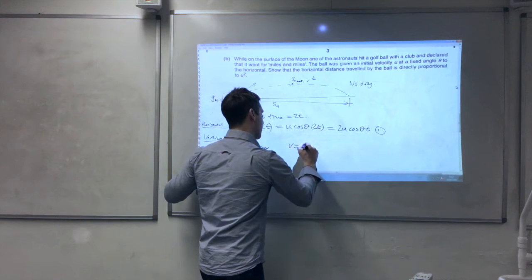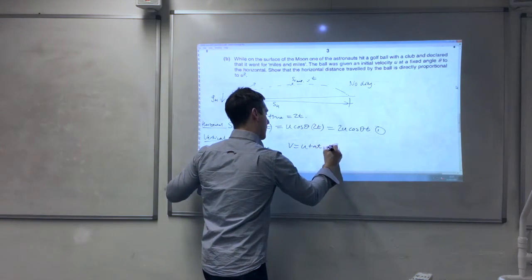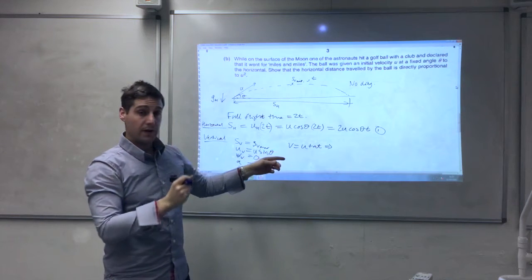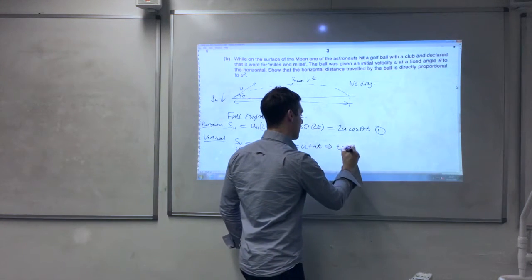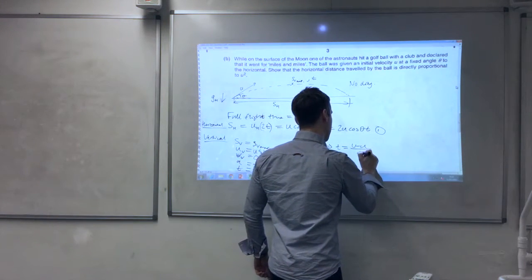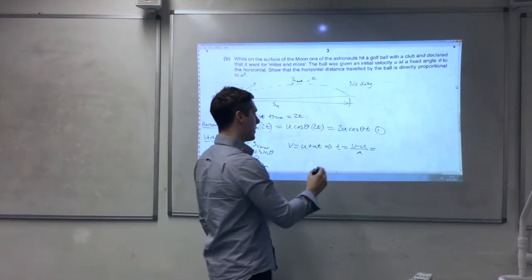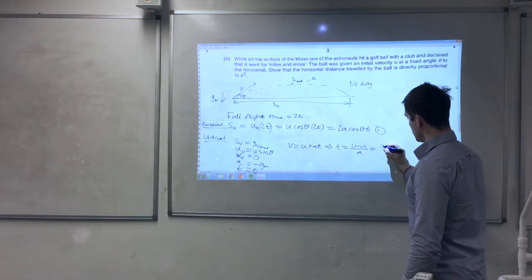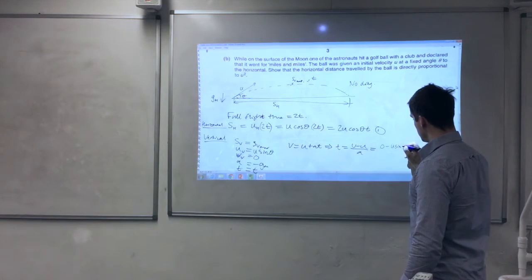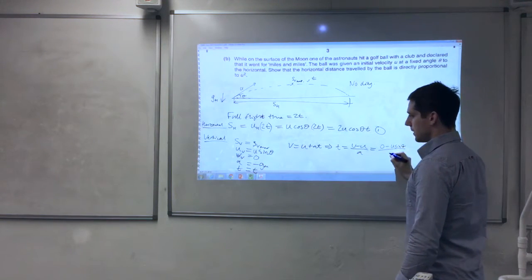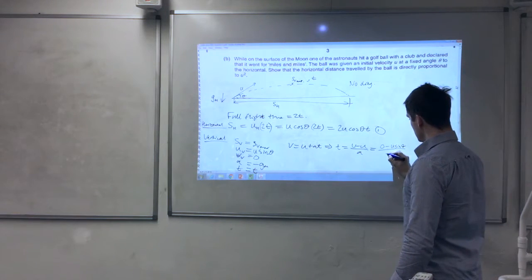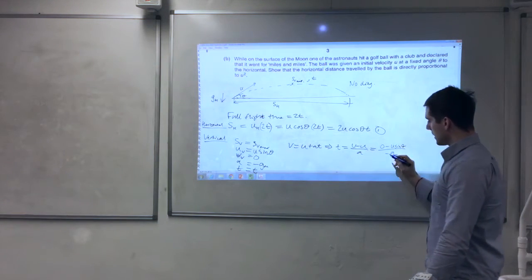So I use this equation, and I'll rearrange that for t. T is v minus u over a. Now I can substitute in the values that I've got here. So I get 0 minus u sine theta over a, which is minus GM.